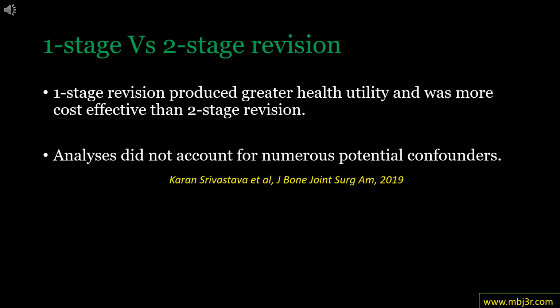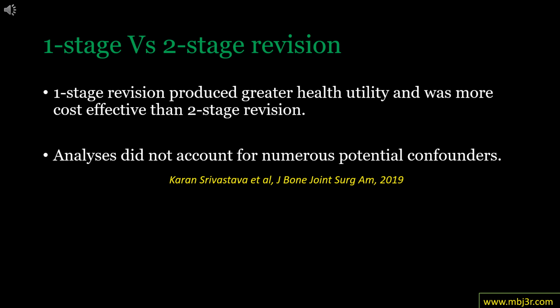Choice between one-stage or two-stage revision. A decision analytics study was published in JBJS 2019 to determine the optimal choice between one-stage and two-stage revision for managing chronic knee periprosthetic joint infection by estimating quality adjusted life years and cost.